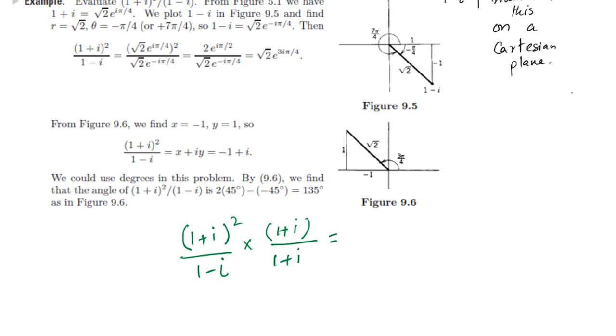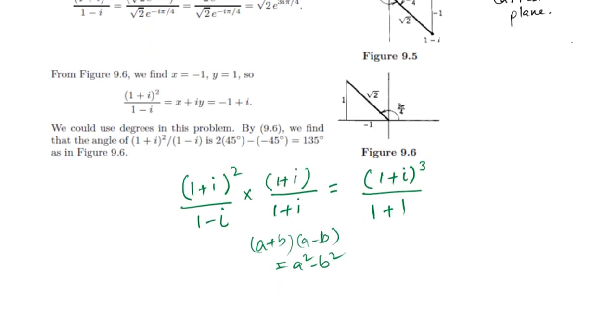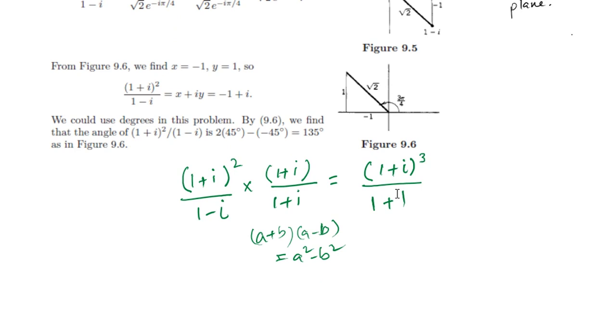On the top you have (1 plus iota) cubed, and at the bottom you have 1 plus 1. You use the formula (a plus b) into (a minus b) equals a squared minus b squared.